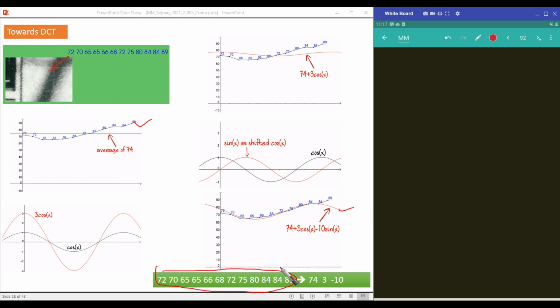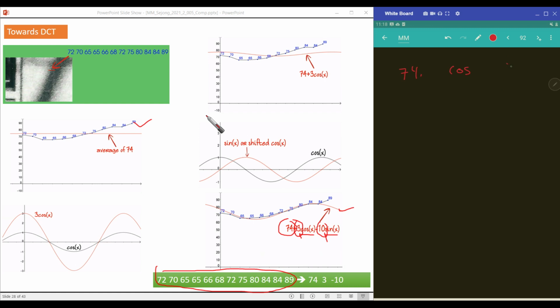That means we can add up some cosine and sine multiplied by a certain set of numbers. For example, in this case we multiplied this one by 3 and this one by 10, and the very first one is basically the average of all the numbers. So it is very simple then, right? The first one is the average number, the second one is cos x, and the third one is sin x.